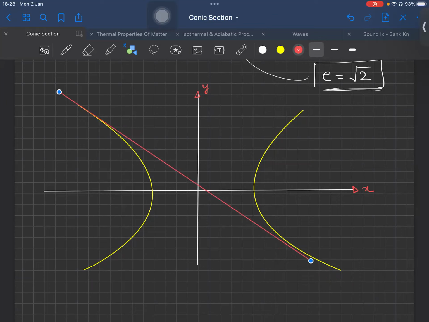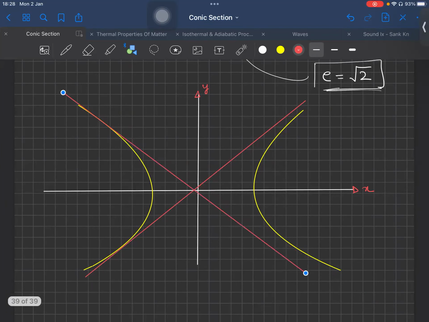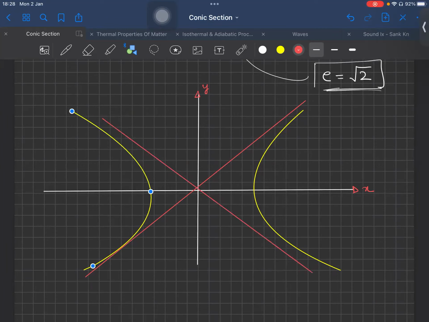The asymptotes will make an angle of 45 degrees. Actually, it must pass through the origin, because my hyperbola is not perfect, so I'm sorry. If you draw the asymptotes, they must pass through the origin.